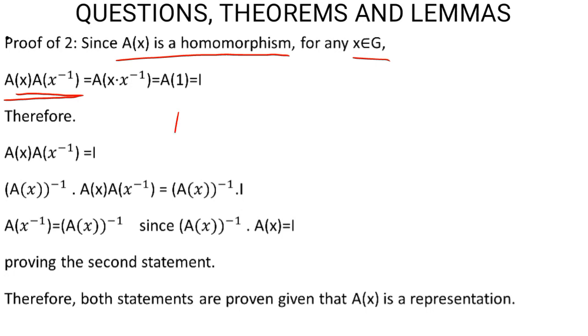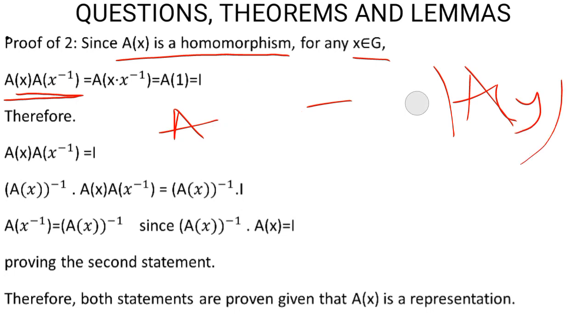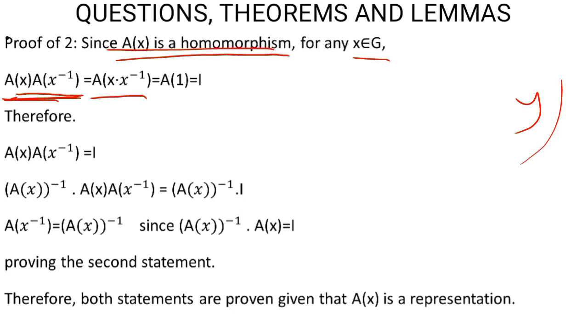Because you know it satisfies homomorphism, right? So I'm supposed to have done AX, AY, but because of where I am targeting to go, I have chosen to go by taking AX inverse. Because I know where I'm going. It's more like what we did in 306, okay? So now I know that A of X inverse is going to be this by that condition of homomorphism.